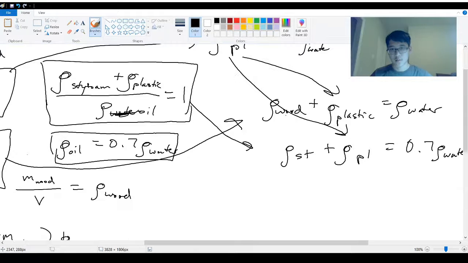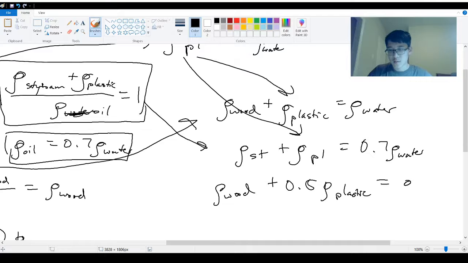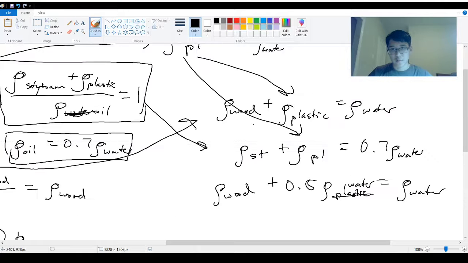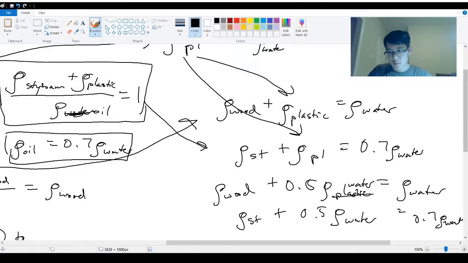So that gives us the density of wood plus 0.5 density of water is equal to the density of water. And then also plugging into the bottom one, density of styrofoam plus 0.5 density of water is equal to 0.7 density of water.